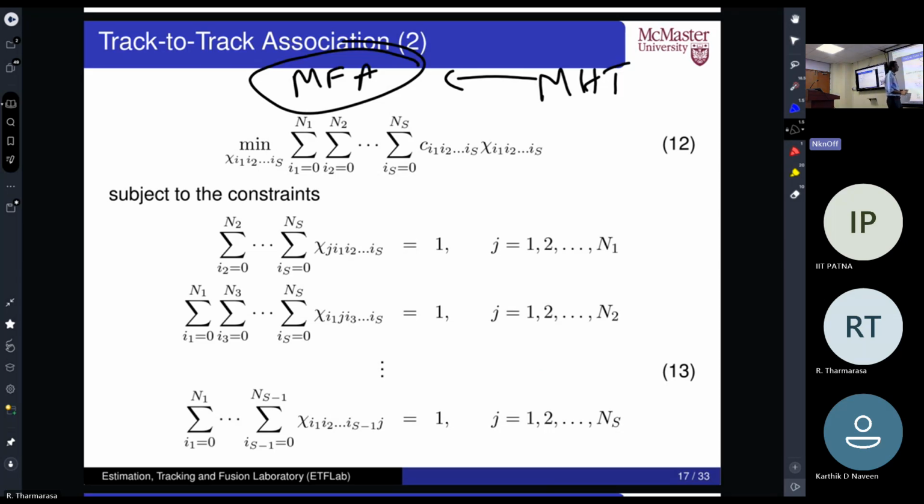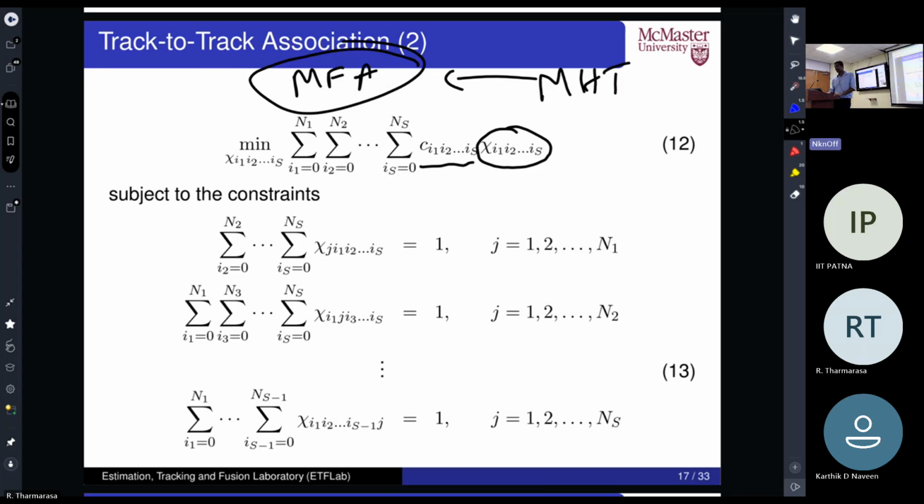Similar ideas can be used. So in this case, we have S trackers, but if S is 2, then you just consider 2 of them. I explain only 2 of them. But if you have S trackers, you want to find the branch I was drawing. This is the cost of that branch, or the likelihood of having that branch.